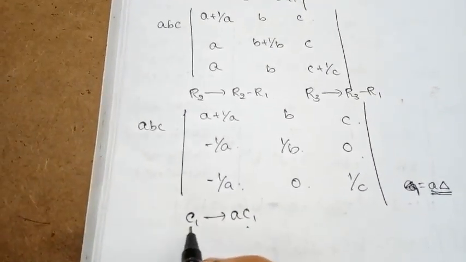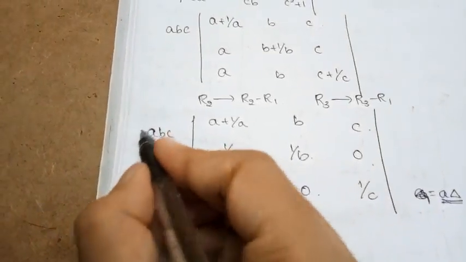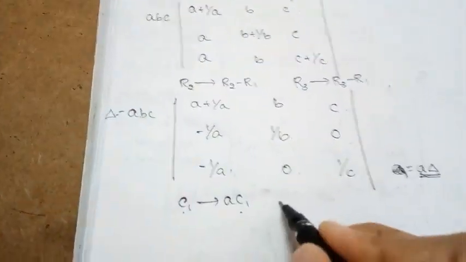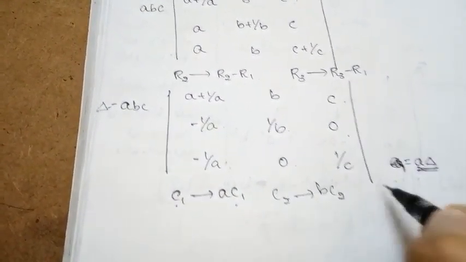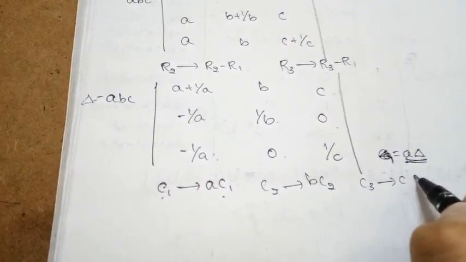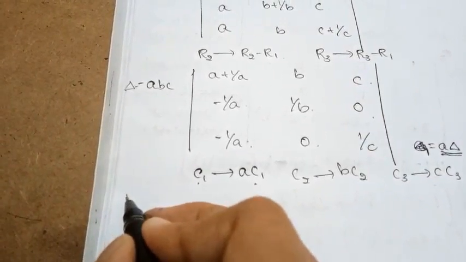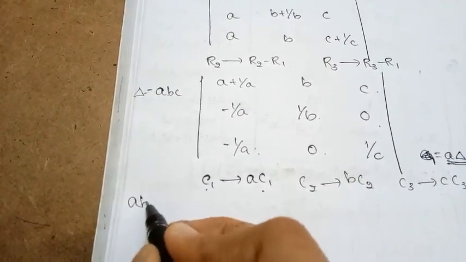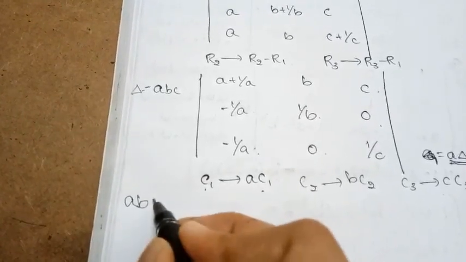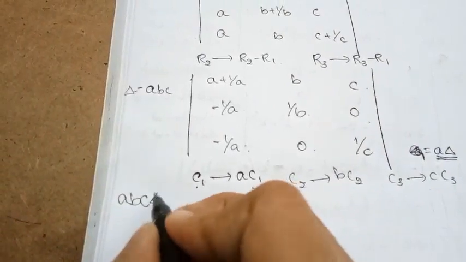So I am applying here C1 implies a times C1, and again C2 implies b times C2, and C3 implies c times C3. After applying these operations, what happens to our determinant? a times C1 becomes a times the determinant, b times C2 becomes b times the determinant, c times C3 becomes c times the determinant.